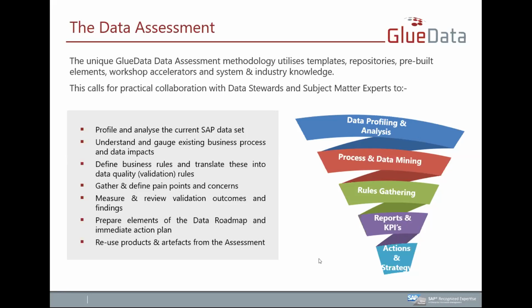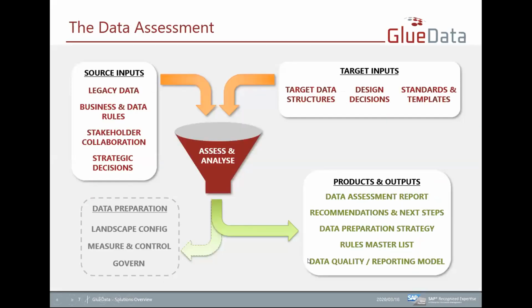Okay, so just to show you graphically some of the inputs and outputs of the assessment, on the source side, we're obviously looking at legacy data, or it will become legacy once you move into an S4 migration program. We need to understand the legacy data, and for that we need business input.